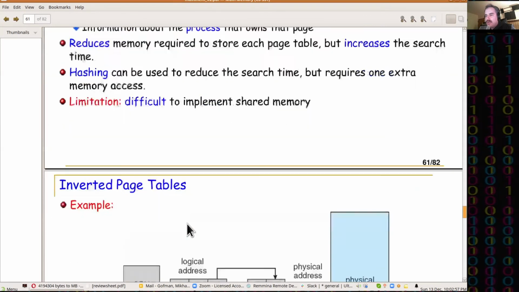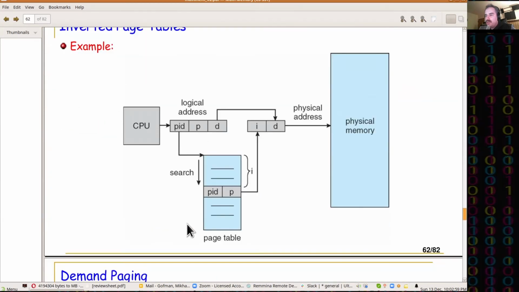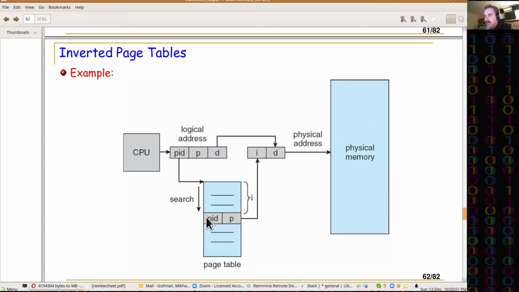Let's take a look at how this actually works to get a clear idea. Once again, an inverted page table is basically a page table where there are as many entries as there are physical frames in the system.